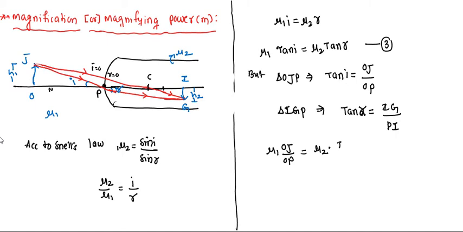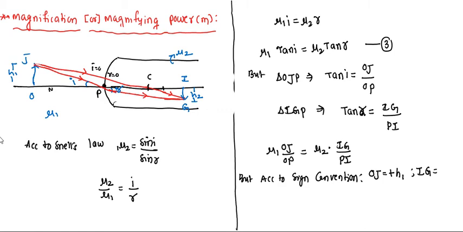Now substitute all values here. OJ is the object height, but according to sign convention we write all heights above the principal axis as plus. OJ is plus h1, the object height, and IG is the image height below the principal axis, minus h2.